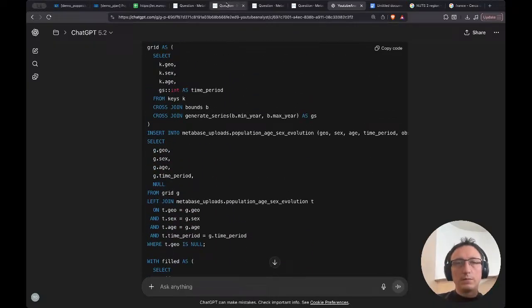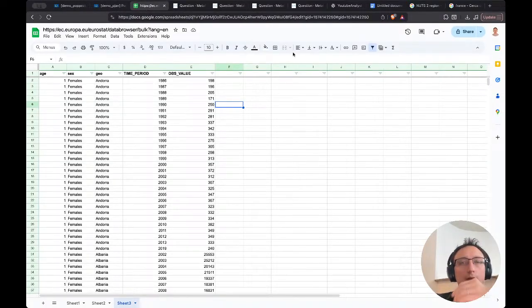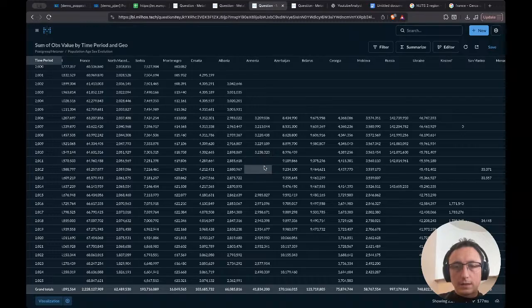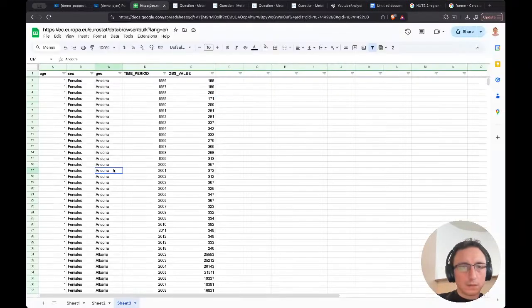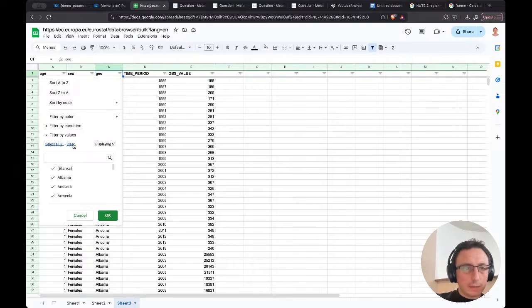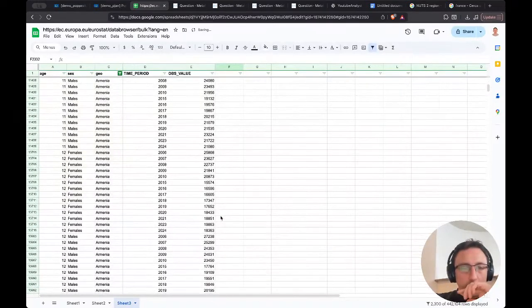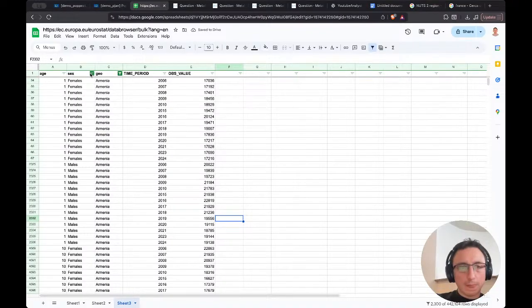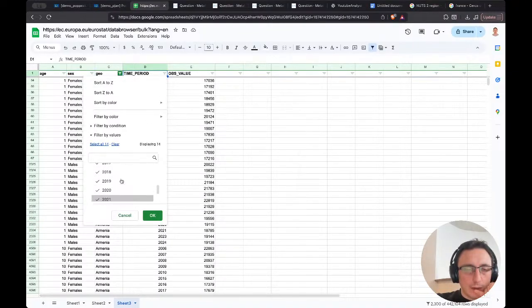Now, one issue might be that for certain, let's take for example Armenia. One issue is that for certain countries, I don't even have the value.